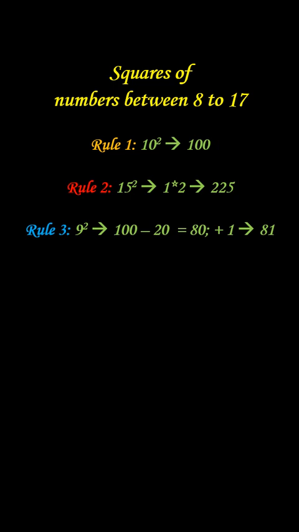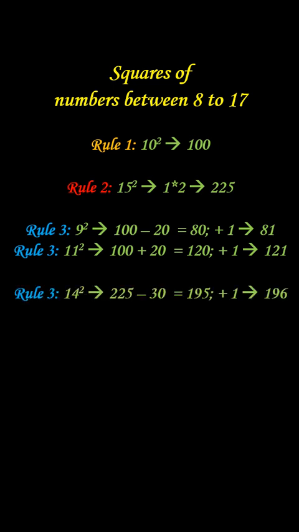So 100 minus 20 is 80 plus 1, 81. 11 squared is 100 plus 20 plus 1, 121. 14 squared is 15 squared, 225 minus 15 times 2, 30. We get 195 plus 1 is 196. 16 squared is now 225 plus 30, which is 255 plus 1, which is 256.